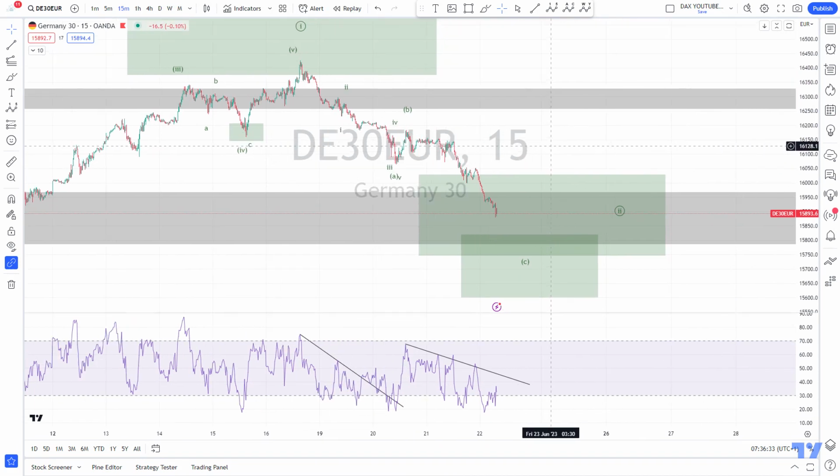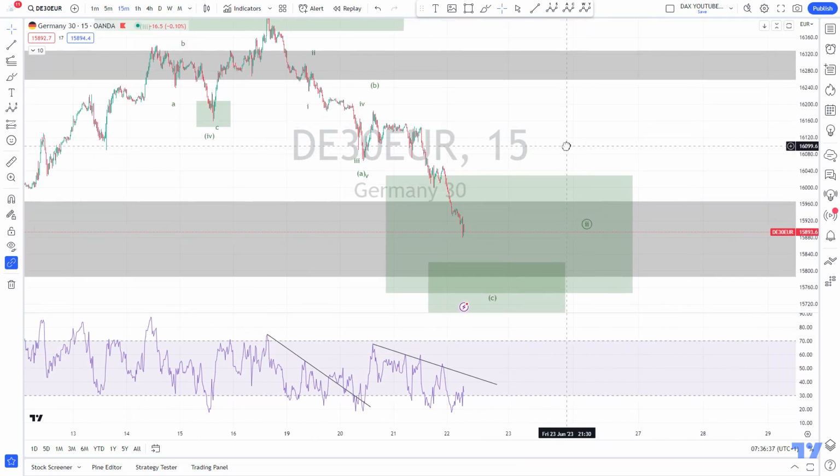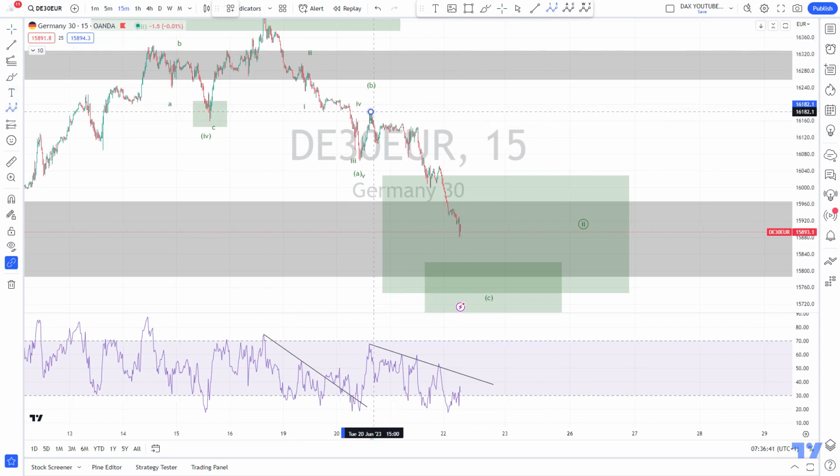Okay, and now let's have a look at our C leg. So this is again the start. The one. Yeah, so this is the one, this is the two, then this is clearly the three.